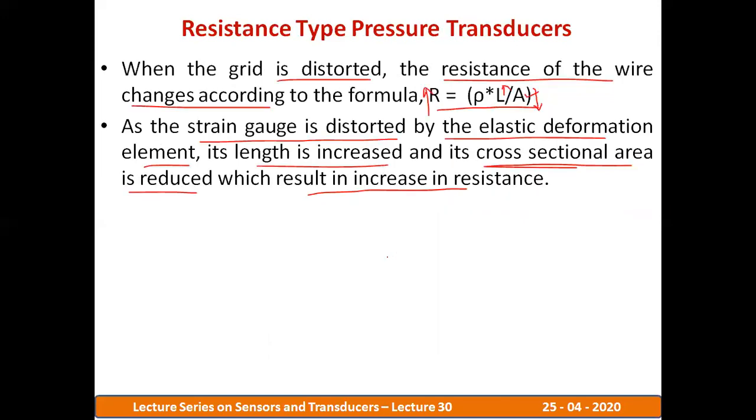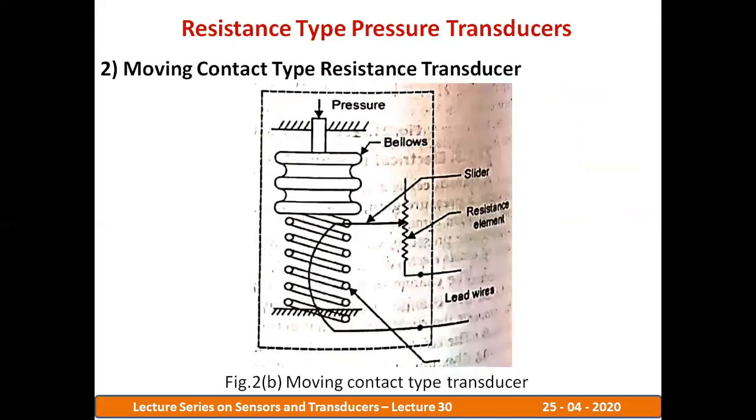Okay. So next type is the moving contact type resistance transducer. Figure 2b shows the moving contact type transducer. Here we have a moving contact which moves according to the change in the pressure.